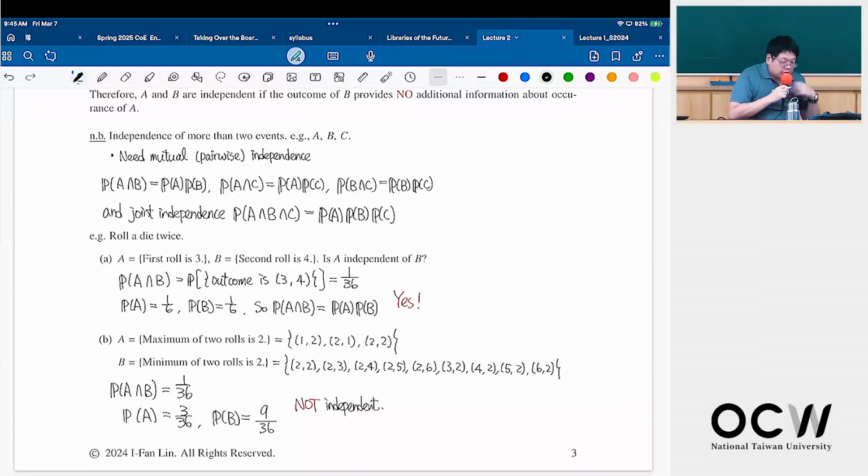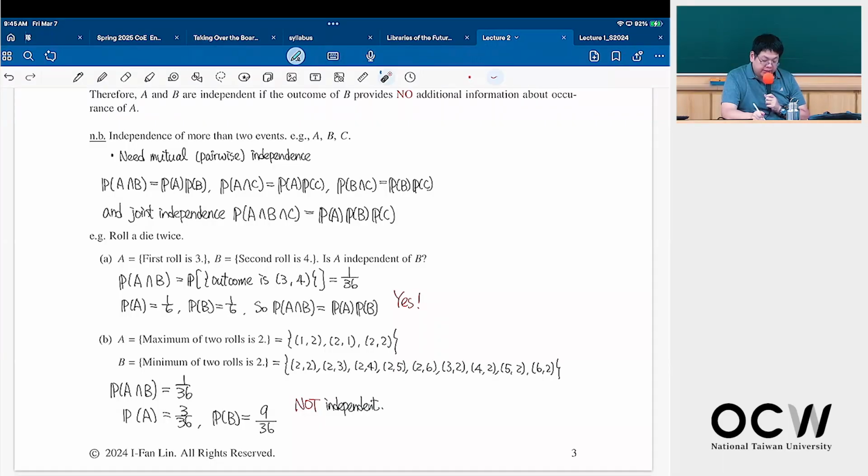So again, when we say that A and B are independent, we say that the occurrence of B provides no additional information about the occurrence of A. Here you can see that in the example where A is the first roll is 3 and B is the second roll is 4, the second roll doesn't affect the occurrence of A, because A is the first roll being 3. So they are irrelevant, so they are independent.